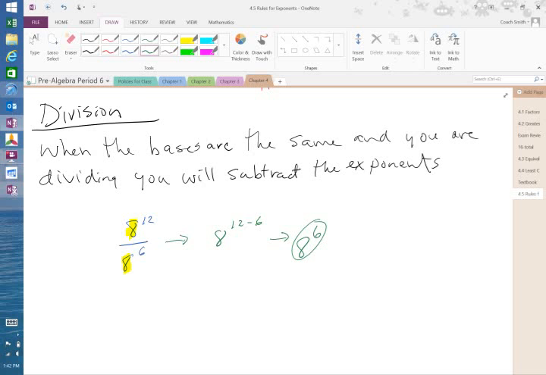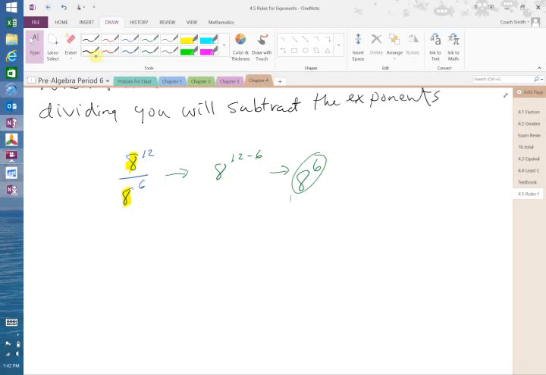Okay, now let me prove that to you with the variable one. Okay, x to the 4th over x. Okay, this is x to the 4th minus 1 power, which is x to the 3rd.